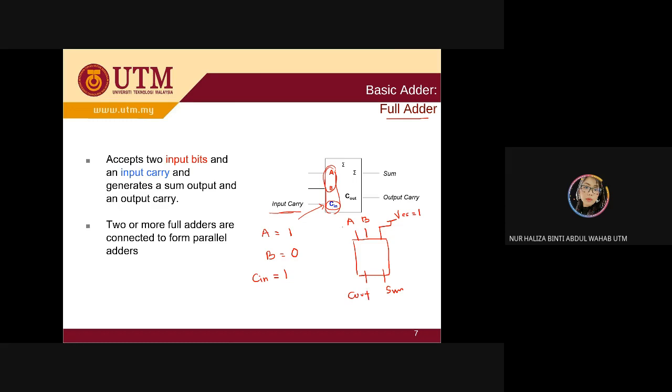Okay, my value of A is 1. My value for B is 0. My value for carry in is 1. So I'm going to add these 3. 1 plus 0 plus 1, I'm going to get 0 for the sum, 1 for the carry out.